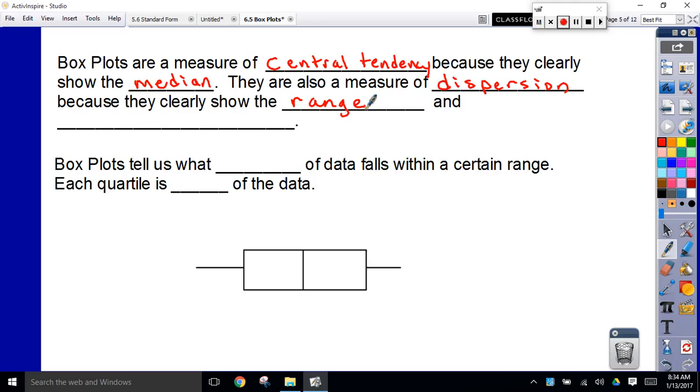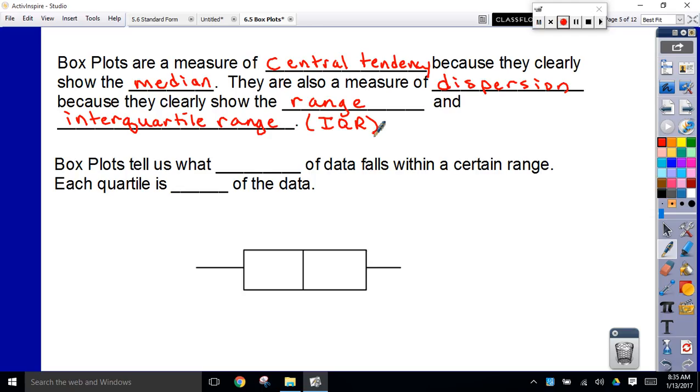We see the range, and we can also see the interquartile range, which is that distance between the upper and lower quartiles. We refer to that as the IQR. So in Objective 3, where it's talking about using the 1.5 IQR rule, that's what it's talking about, the interquartile range.